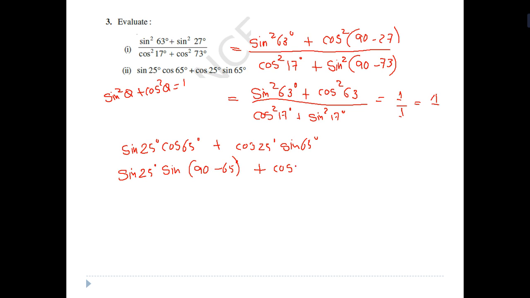Again cos 25, here cos of 90 minus 65. So here we get sin 2 times. So sin square 25 plus cos square 25. So theta is the same, so the answer is 1. So that way we can do it.